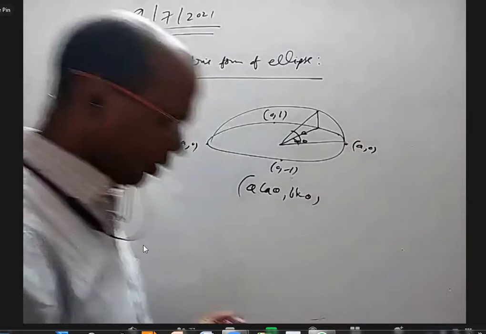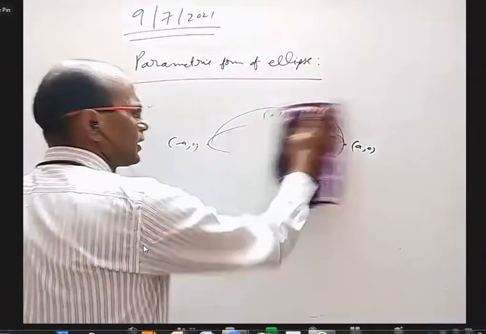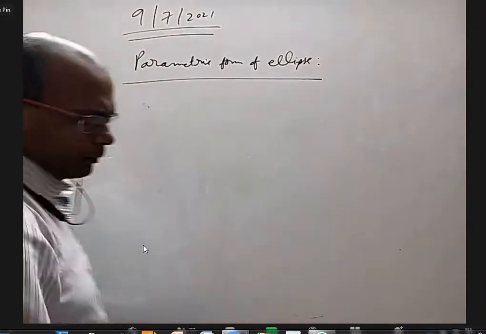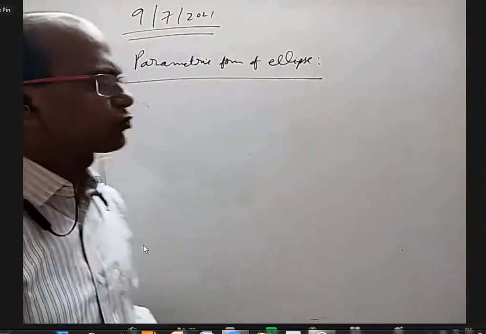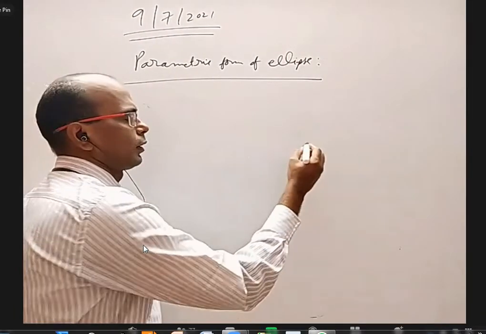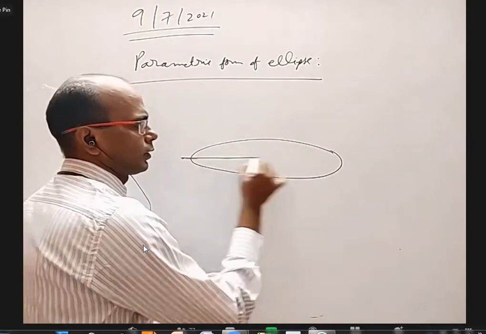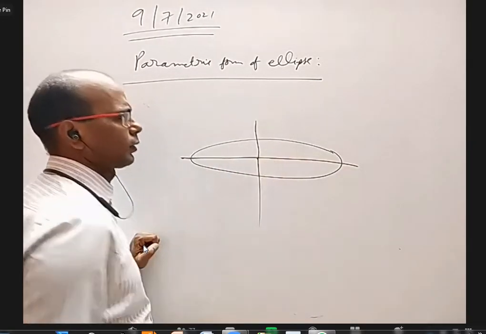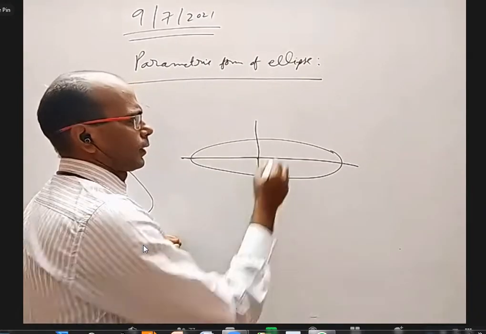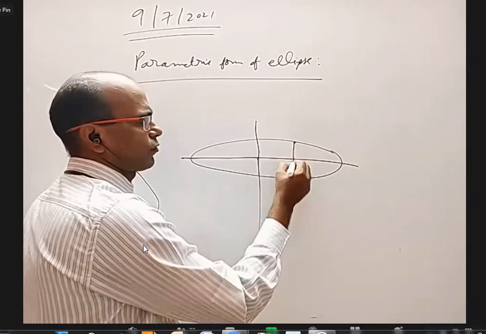As I already told you, how area of ellipse is b by a times this. And some other question also will be quite useful. What is that? You take an ellipse and let us say I take this point, I want to find this area.